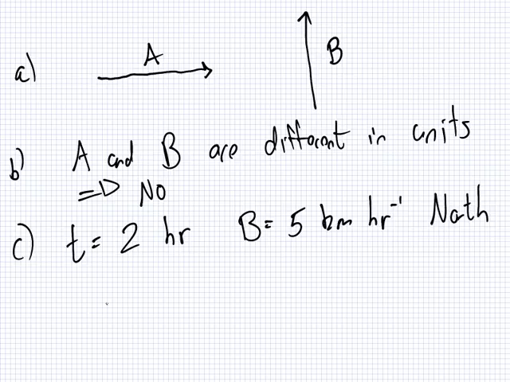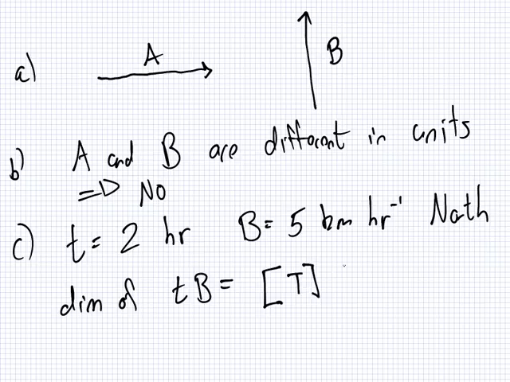So the dimension of TB, that will be the dimension of T multiplied by the dimension of B. What's the dimension of T? Time, yeah. So the dimension is time.